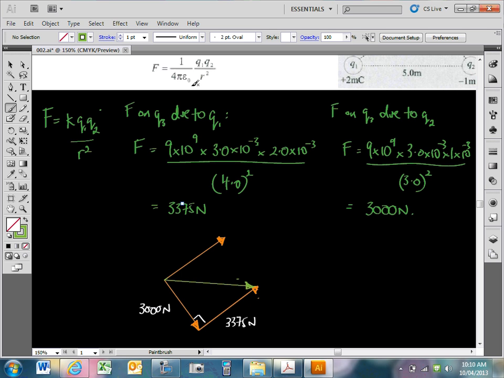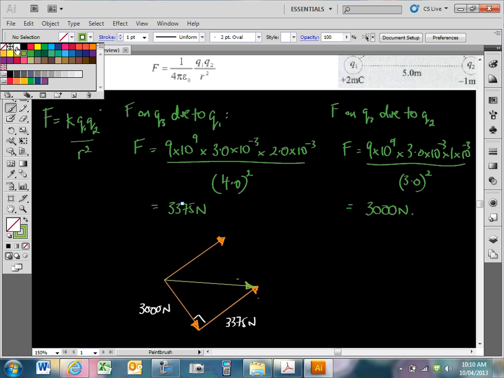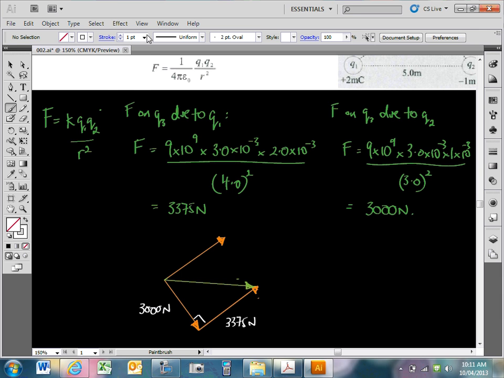So how do we find this? It's easy enough. Using Pythagoras, we'll call this the resultant, R. R is equal to the square root of each side squared, 3,000 squared plus 3,375 squared.